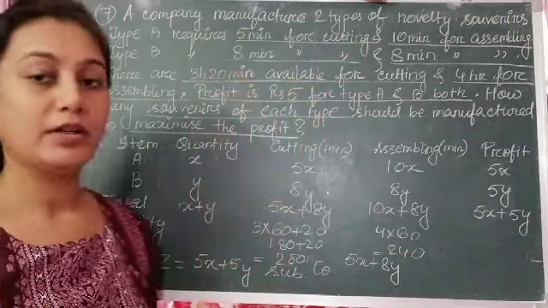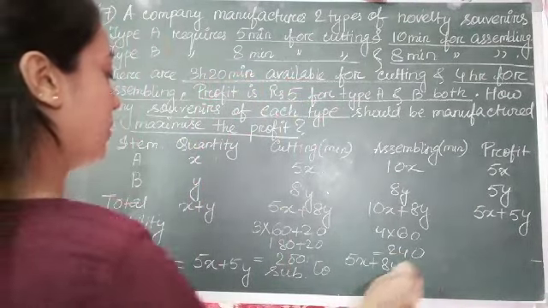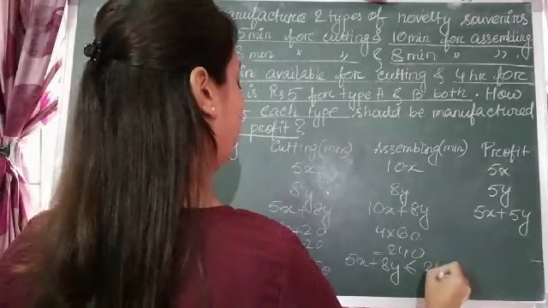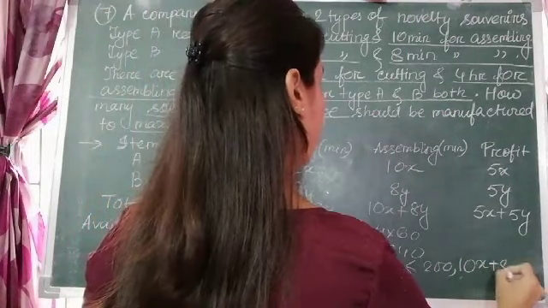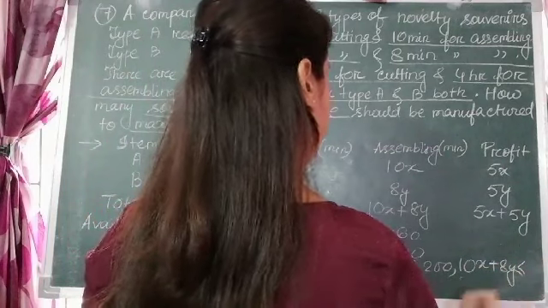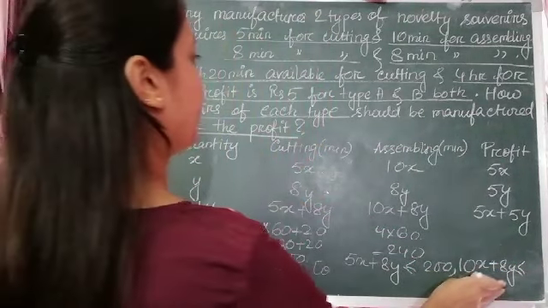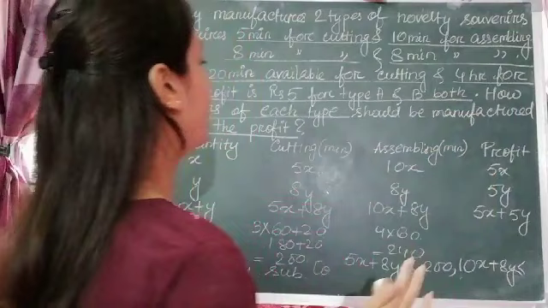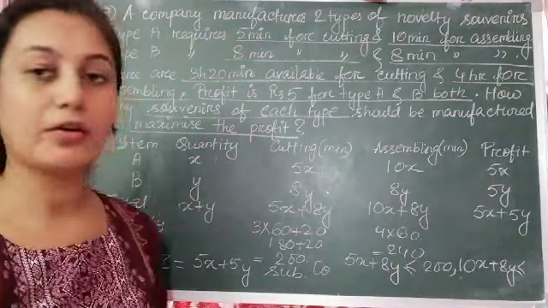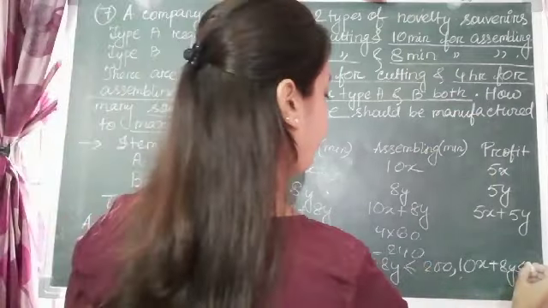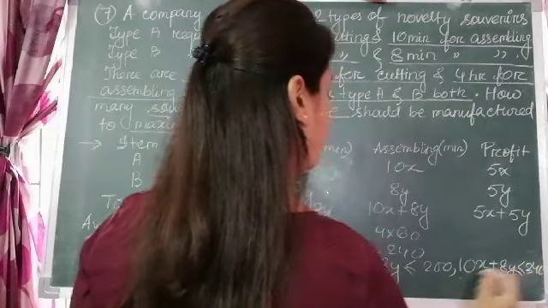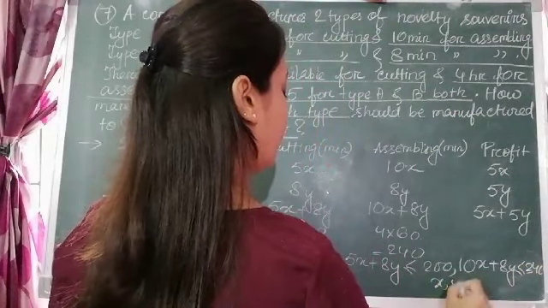So you cannot exceed this, hence it will be less than or equal to 200. Next is 10x plus 8y less than or equal to 240, because 4 hours is given for assembly. So you cannot take extra time. And here again x, y greater than or equal to 0.